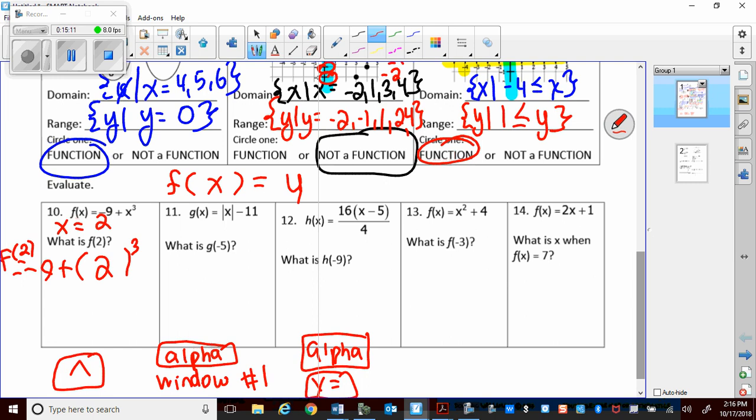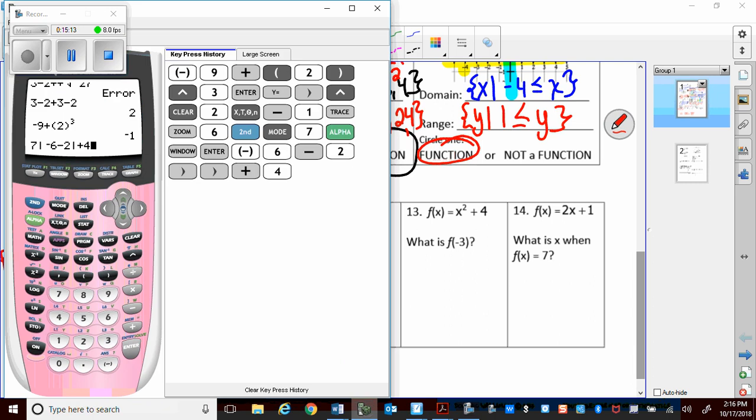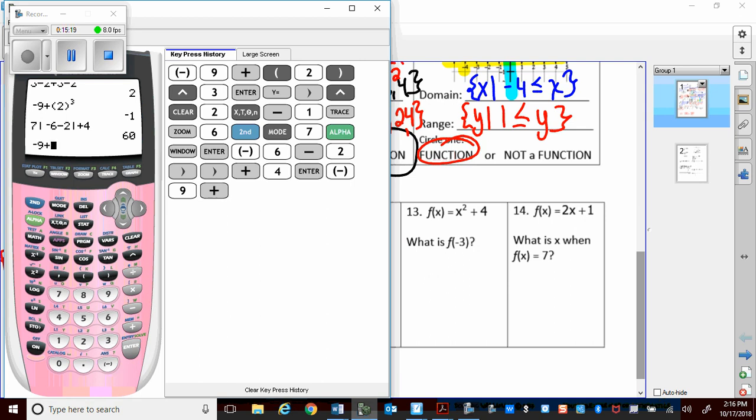Okay? So we're going to go to our calculator and do the first one. Make sure everybody's on the right page. -9 plus parentheses. I'm typing exactly what I wrote. 2 up arrow cubed. Anybody confused about how to do a cube? You press enter.